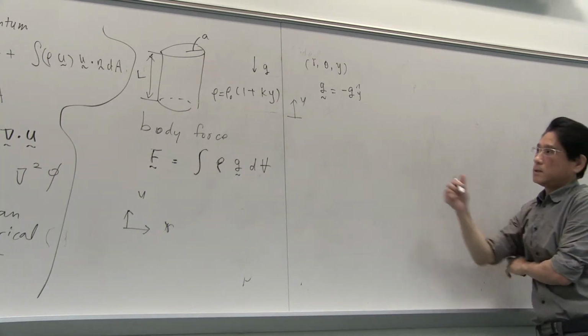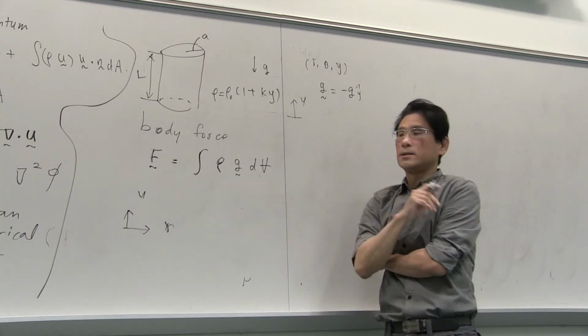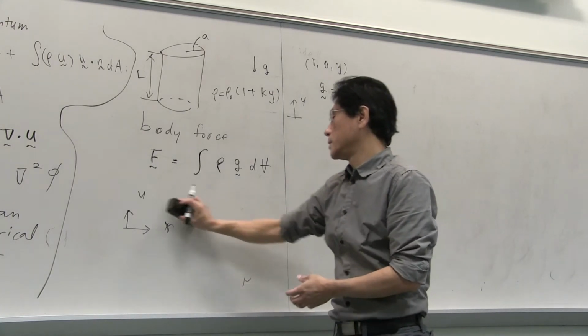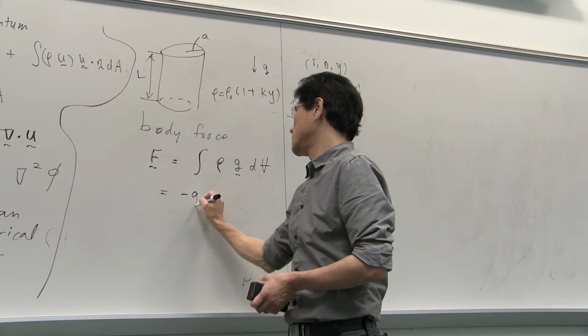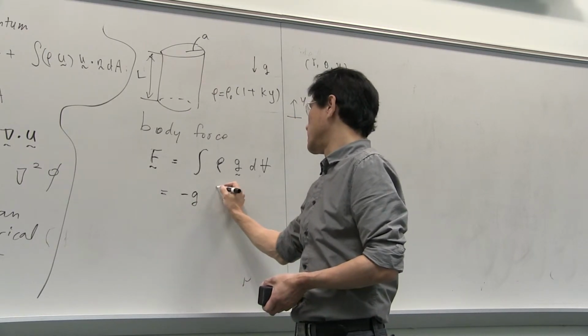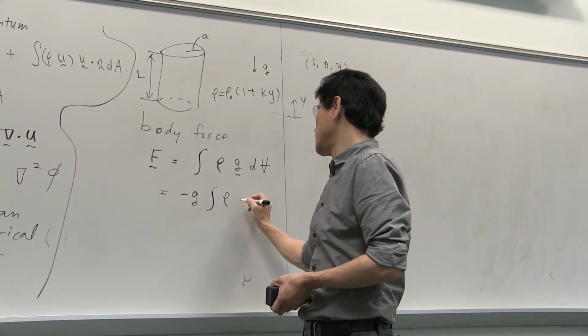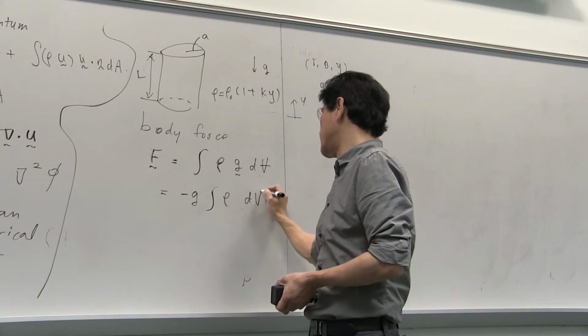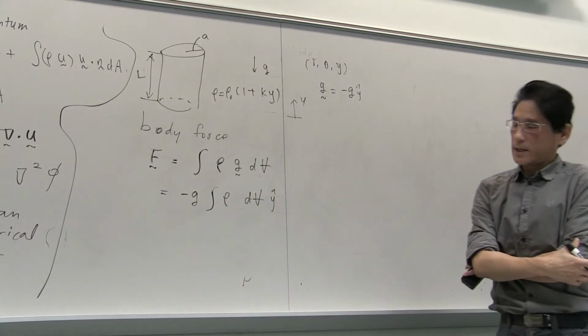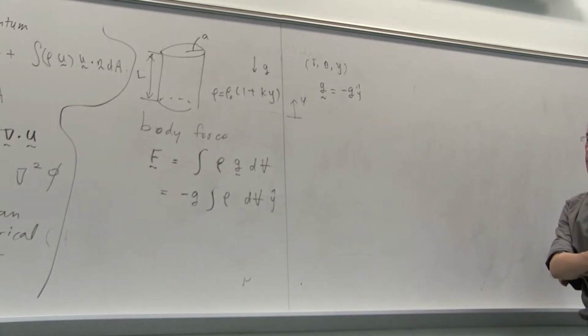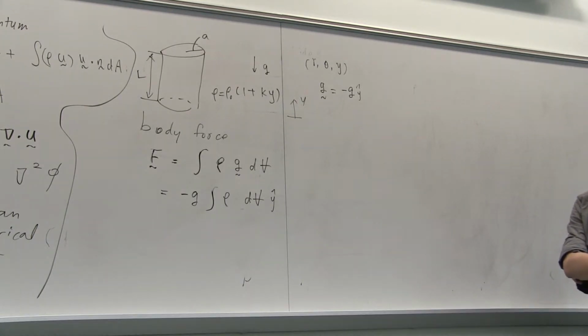Now let's put that in here. Your force vector is negative g, where g is constant, times density times the volume integral in the y direction. You have to put your density into the integral.